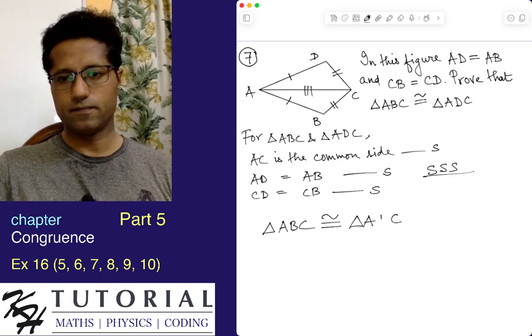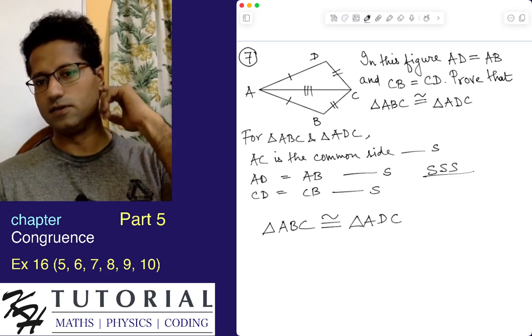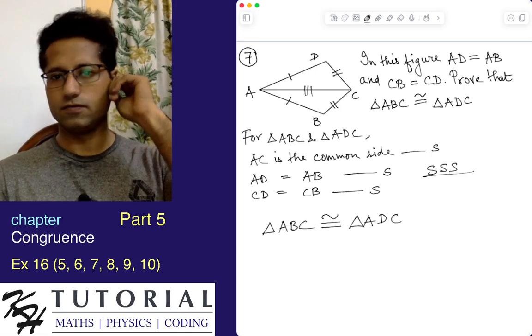So we have D. So this is the congruence relation between the two triangles ABC and ADC. Hence proved.